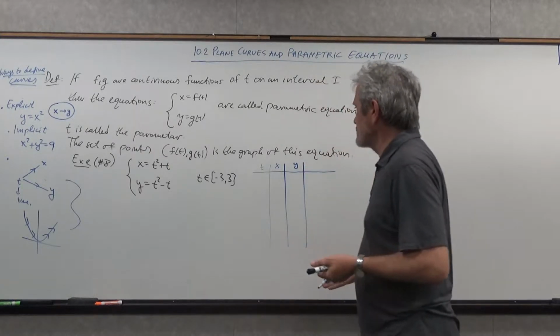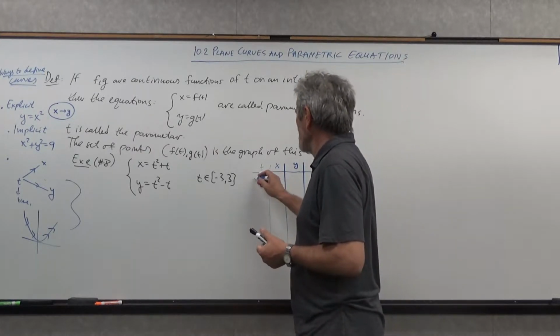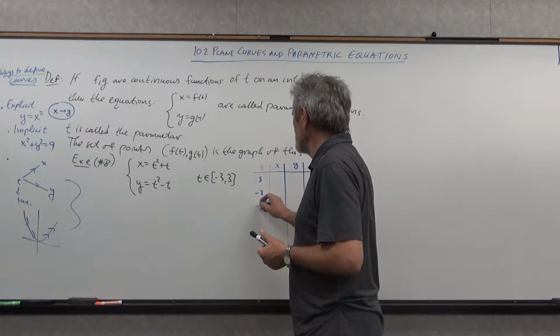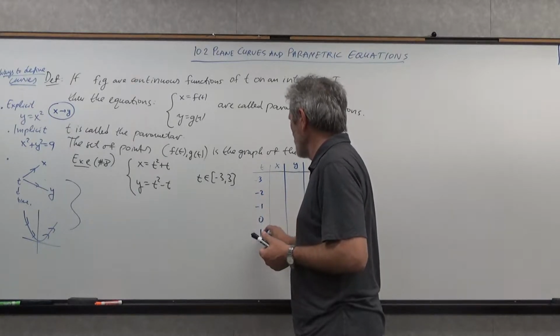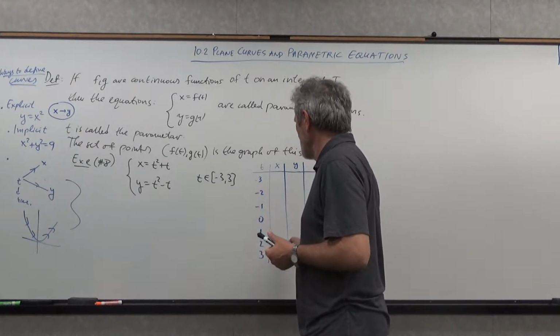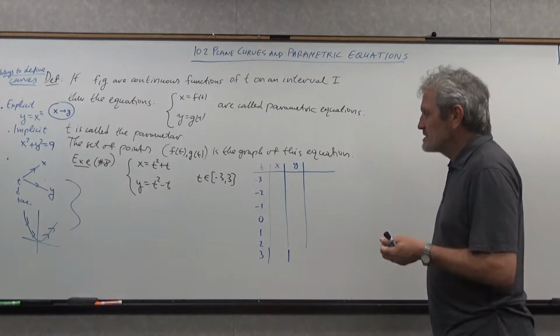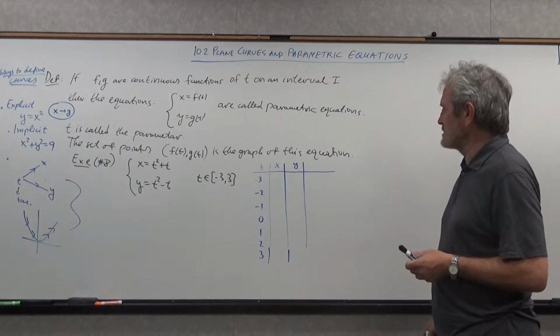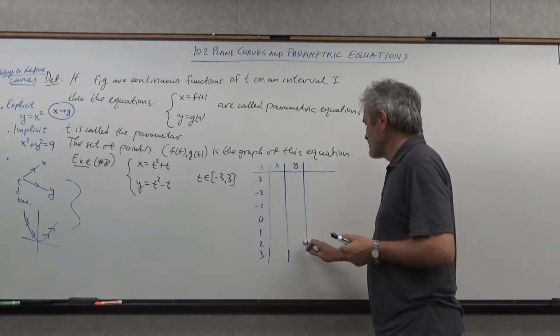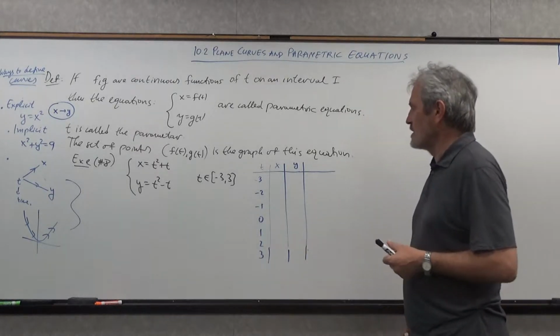Which values are reasonable to plug in? Let's say -3, -2, -1, 0, 1, 2, 3. Those are standard integer values. And of course, if something looks strange, I might refine my search a little more.